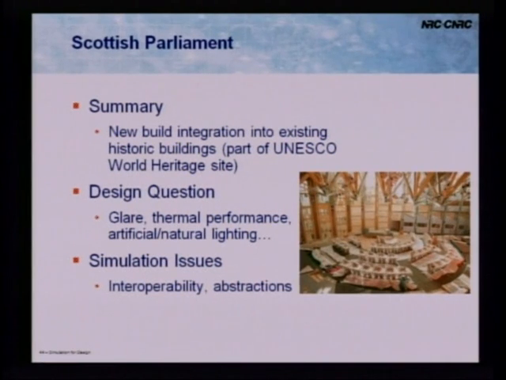This again, the other end of the Royal Mile in Edinburgh, the new Parliament building. And this is a photograph of the debating chamber here, taken during construction. And you can see the seats where the members of Parliament would sit in an arc round here. Of interest here really was the thermal loads in here were quite extreme because of large solar gain through this wall, which had these semi-transparent areas.